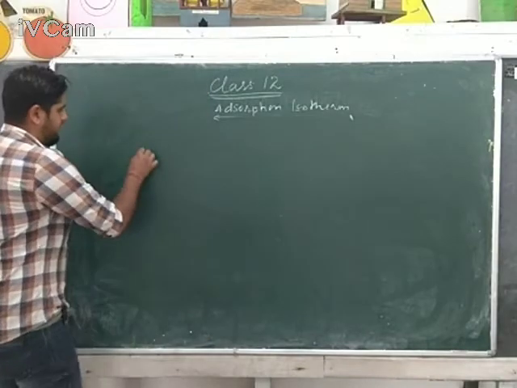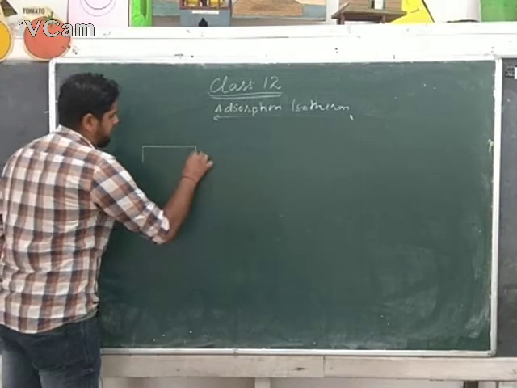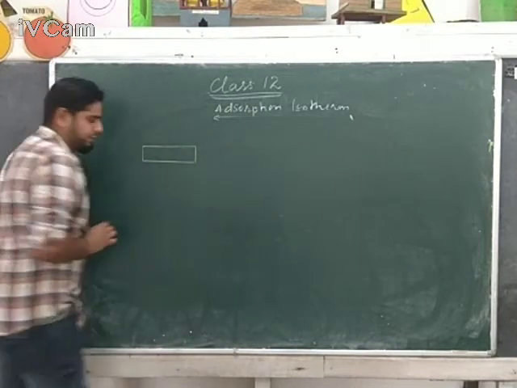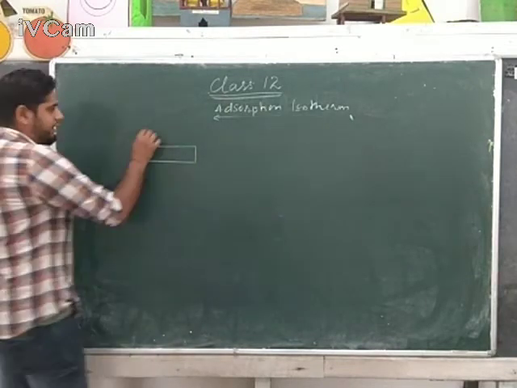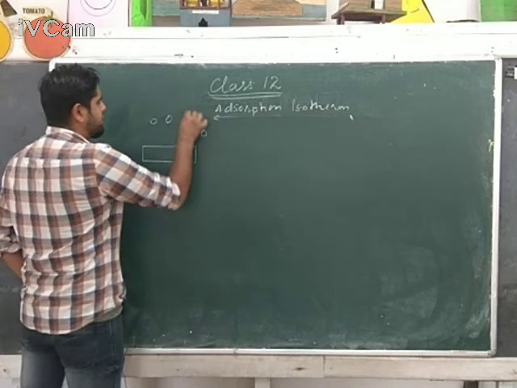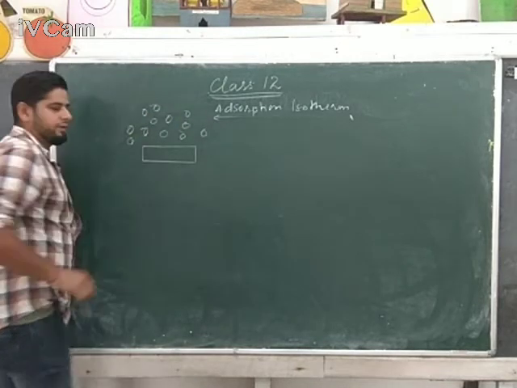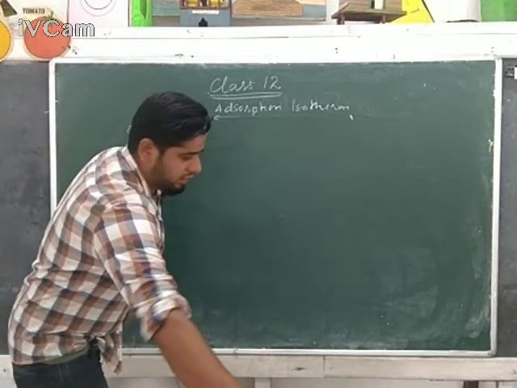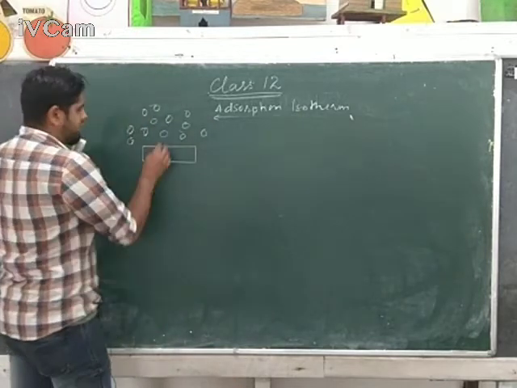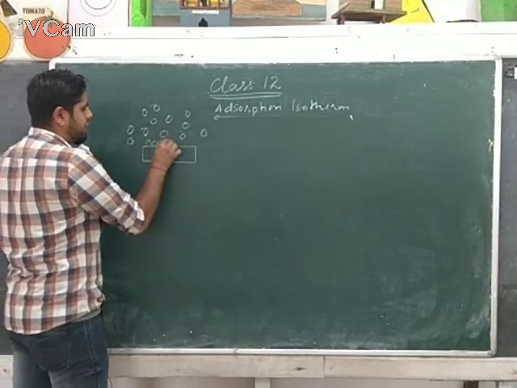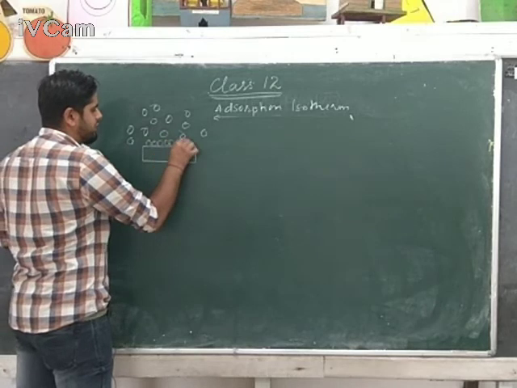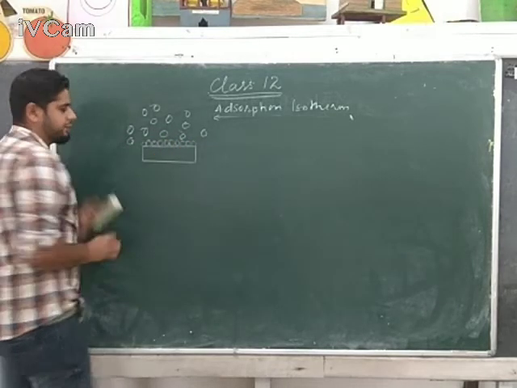Look at the board and try to understand this. Suppose this is the adsorbent, and here are the adsorbates. If there is adsorption, then these molecules are adsorbed at the surface like this.